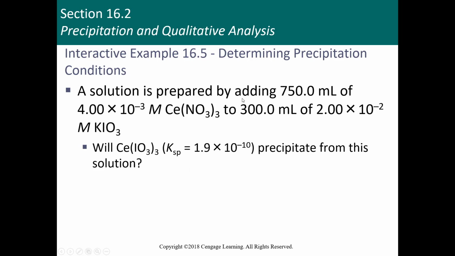We've been given volumes and initial concentrations, so we can go ahead and find the initial concentrations of Ce and the iodate. We can then plug those in to generate a Q, compare that to the KSP, and that will determine whether this is going to precipitate or not.